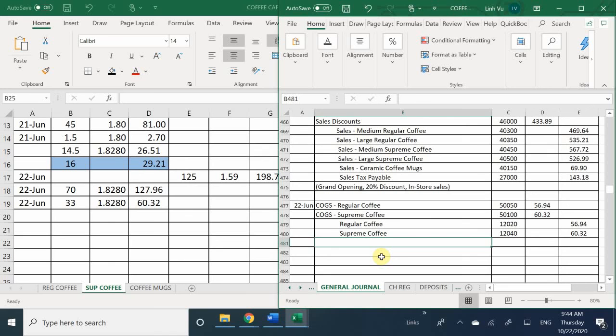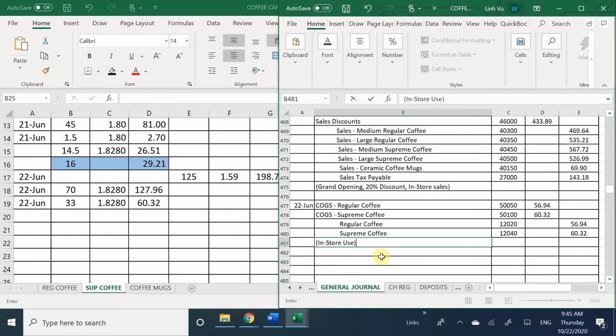Now we can go to the journal ledger. Did you want to finish up the journal? You want to make a note? Description: grand opening. What did you do with this coffee? In-store use.